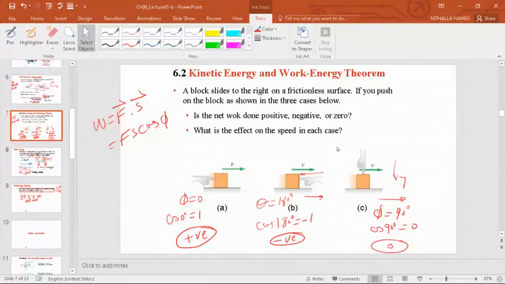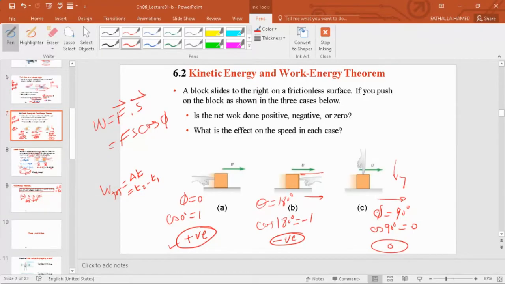Now, let me go back to this slide here, where we asked what is the effect on the speed. If the total work equals the change in kinetic energy, which is K2 minus K1, then in the first case you have a positive work. That means K2 is greater than K1, meaning that you have a higher speed because K is equal to 1/2 mv squared.